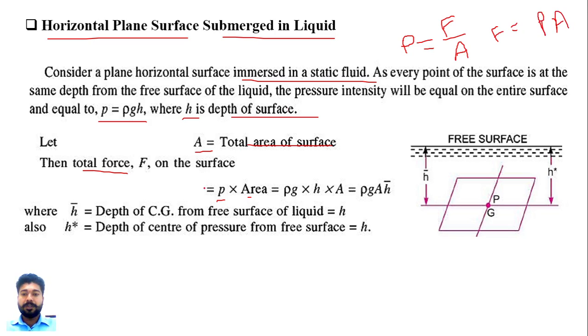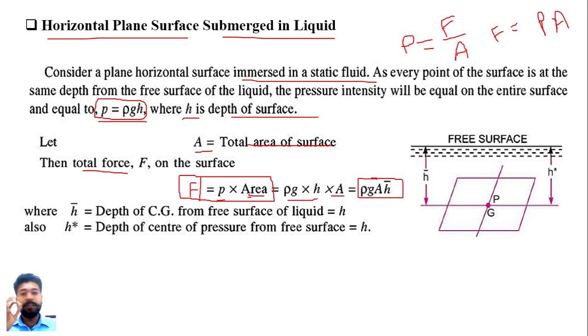Simply, F equals pressure into area. In this equation, let's put the value of pressure, which is rho g h, and the area of this surface is A. So F equals rho g A h bar.